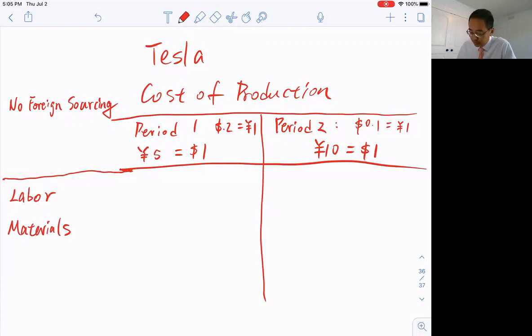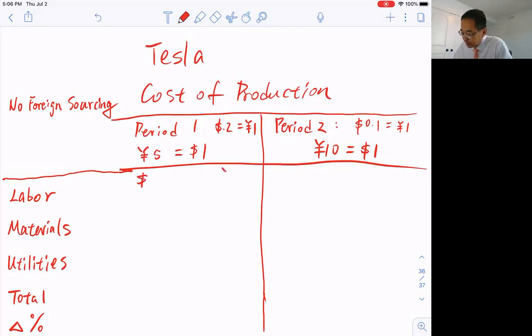And let's say we have utilities, you have to pay for utilities for your costs. And then let's just say this is the total, to keep your calculations a little simple. And then we have percentage change. We want to calculate how much things change with different scenarios. So at first, we want to look at the cost in dollars and then the yuan equivalent, and we'll look at that for period 1.